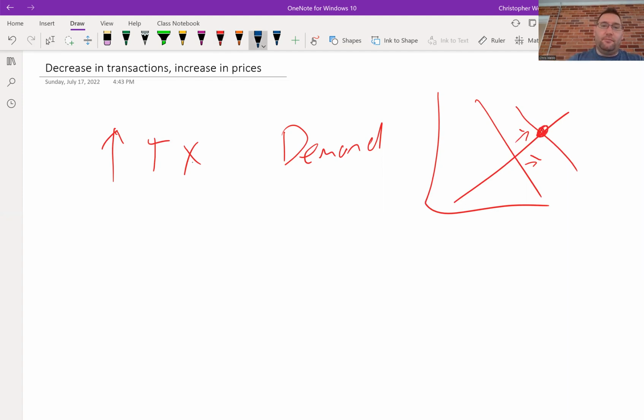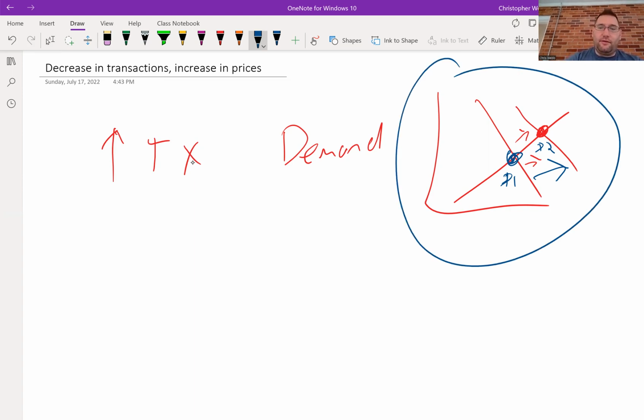So the price went from price 1 to price 2 because the demand curve shifted outward. What people say now is, well, if this is true, then the opposite has to be true as well. If the demand curve shifts downward, meaning we're having fewer transactions, it's going to put downward pressure on the price from P1 to P3.